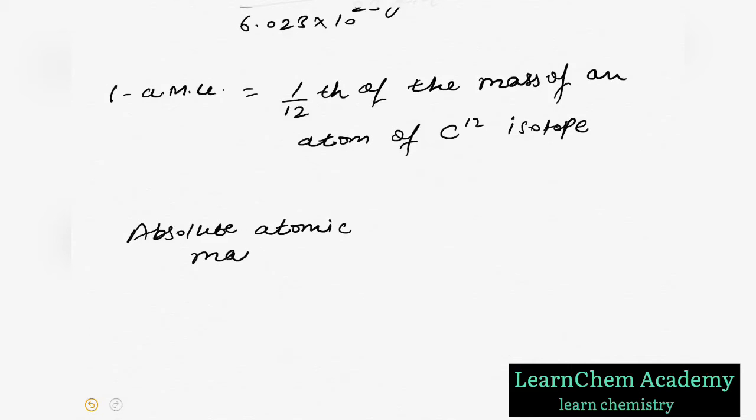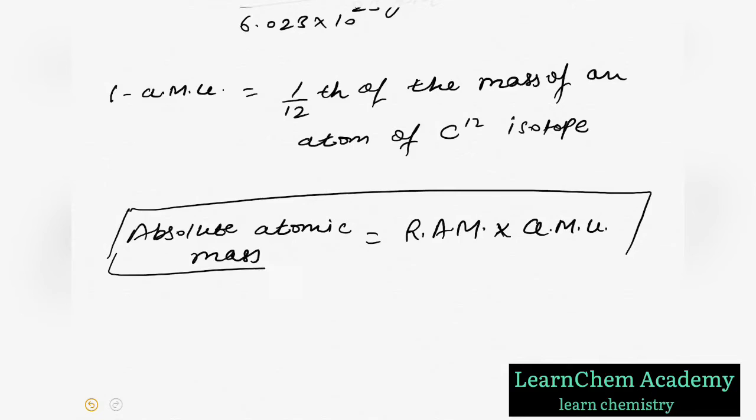So absolute atomic mass is relative atomic mass multiplied by AMU. This way we can calculate absolute atomic mass.